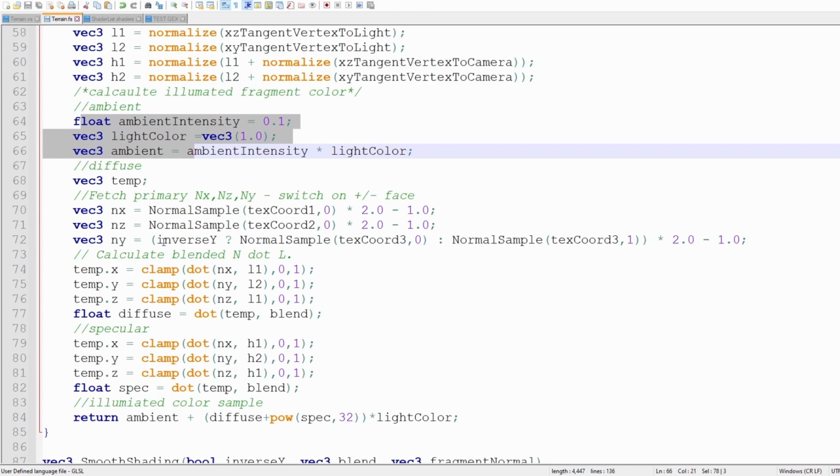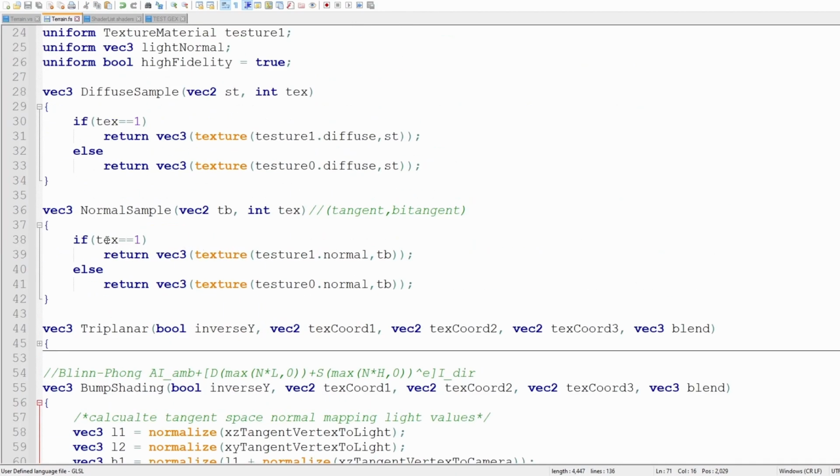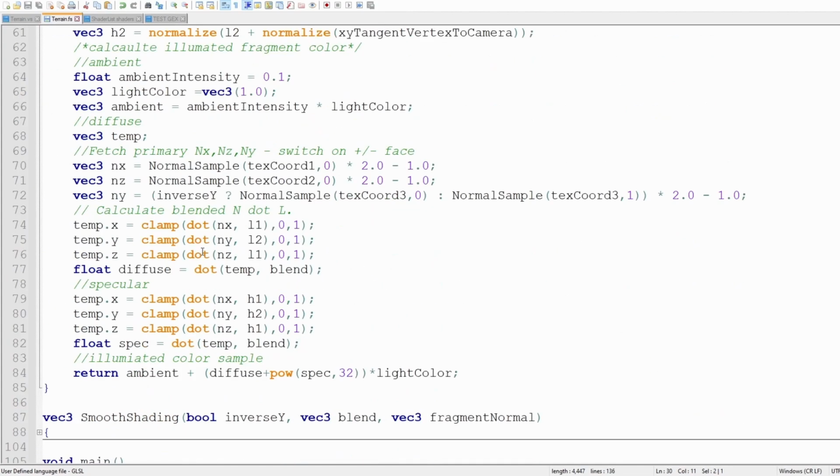For actually fetching the normal sample we'll be using, we grab the normal sample based on the same texture index switching, and then we will normalize it or move it into, I believe, the 0 to 1 range.